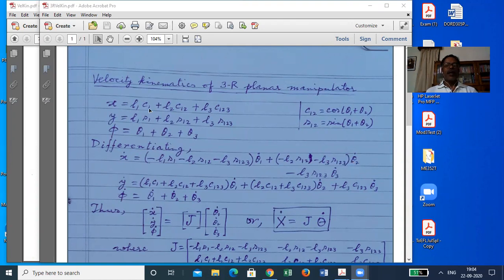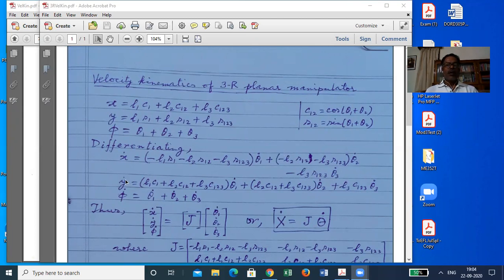And cosine gives you minus sign, and sine gives you cosine in the derivative. And this term is free from theta 2 and theta 3. That is why this term starts from here, and this term is free from theta 3. That is why the theta 3 derivative has only the last one.